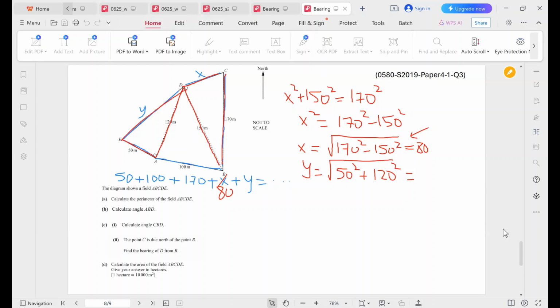And this gives us 130. So the perimeter becomes very straightforward to compute. You just add these sides together. 50 plus 100 plus 170 plus 80 plus 130. And you get 530 as the value of the perimeter.